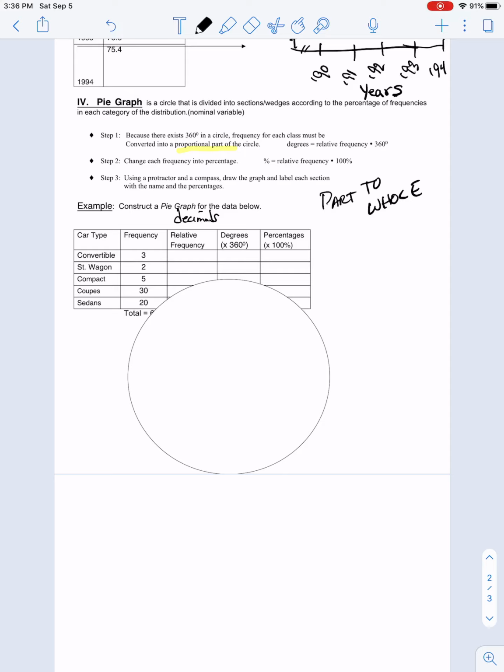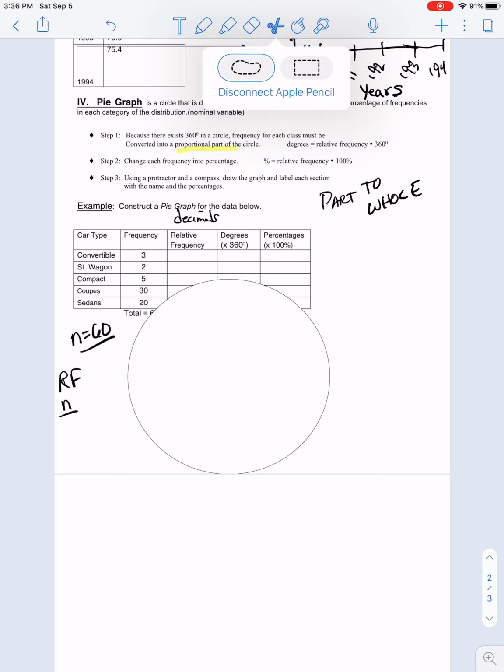So in this particular problem, the total value or total number of data points is 60. So for the relative frequencies, you're going to take the individual frequency. We will do individual frequency divided by total.